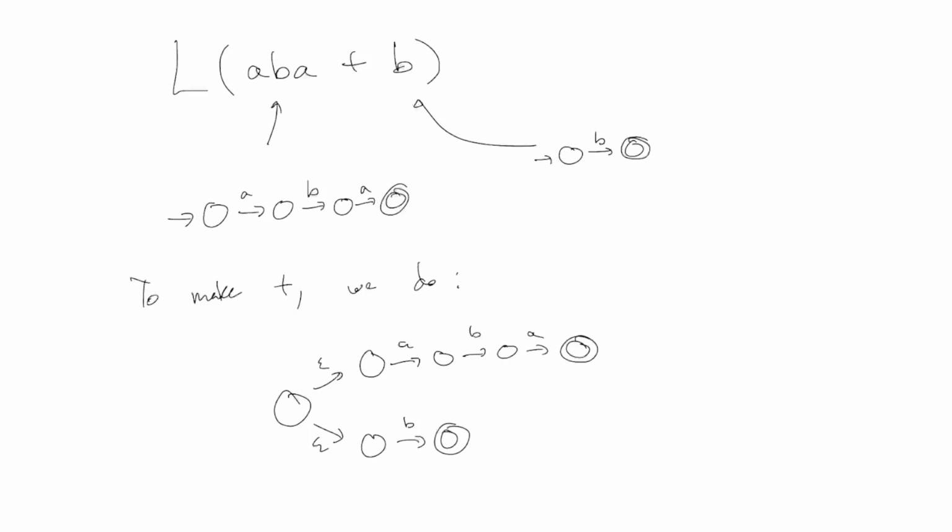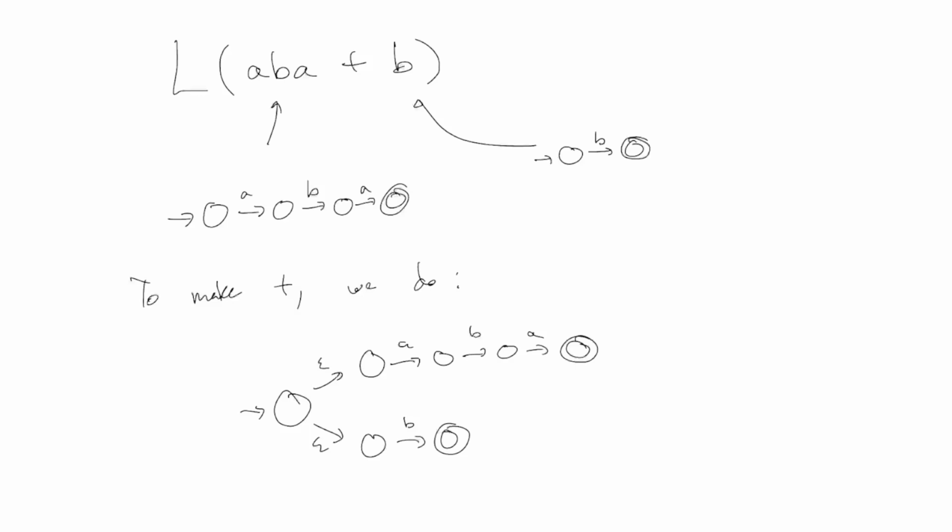So if you see the plus operation, and these are just basic principles that we will remember, that corresponds to one of these starting states with two parallel tracks in it.